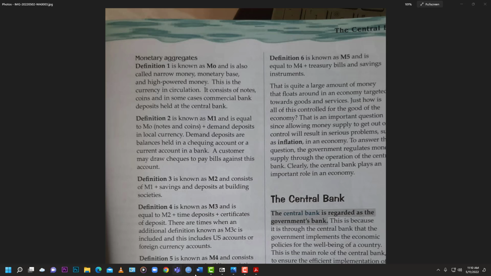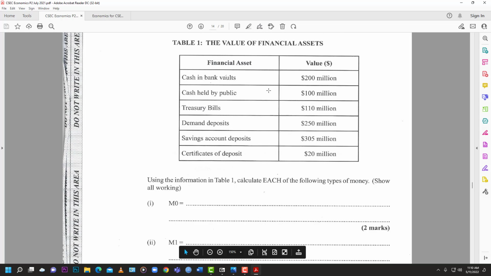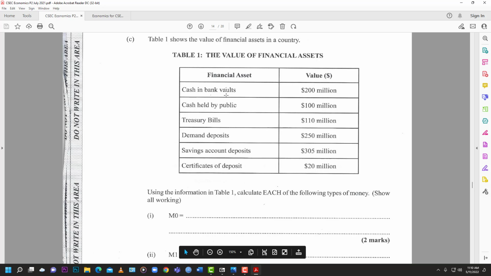So for now, just for our question alone, we are going to be looking at what we have here. Cash in the bank vaults, cash held by the public. We look at the hard cash, the notes and the coins. That's the most liquid type of cash we have.